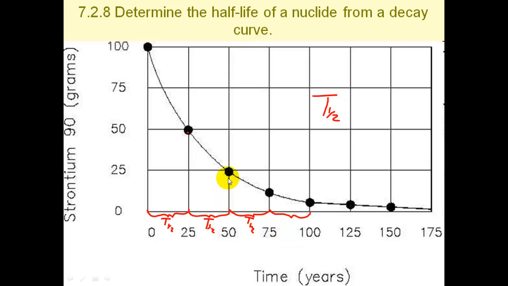In other words, the time taken for it to go from there to here is 25 years. Every 25 years, the number of grams of strontium that are left is halved. So we can say that the half-life is 25 years.